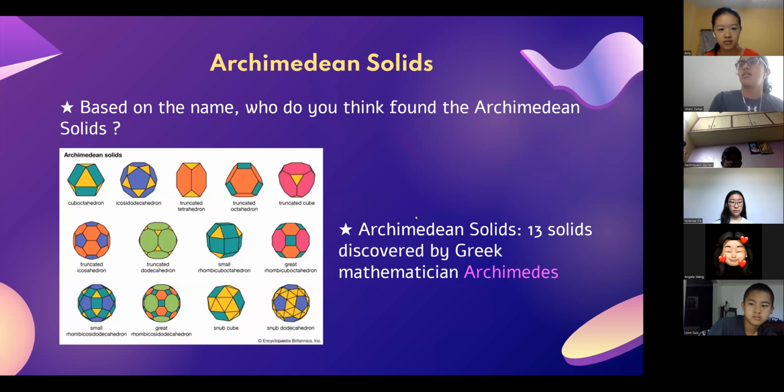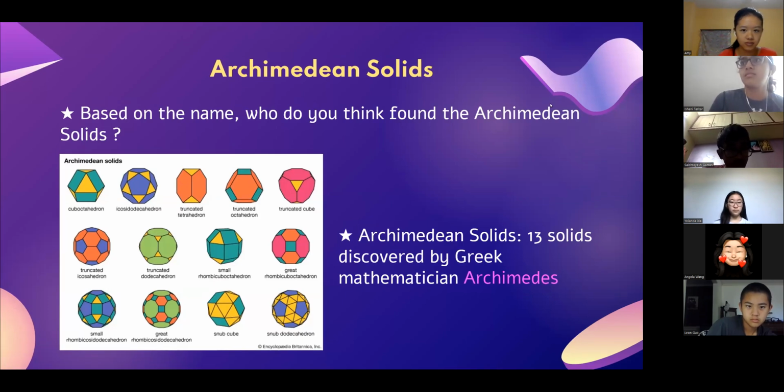Okay, now let's look at some other types of 3D shapes. These are called the Archimedean solids. These are 13 solids that were discovered by the Greek mathematician Archimedes, I think. That's how you pronounce it, I'm not sure.